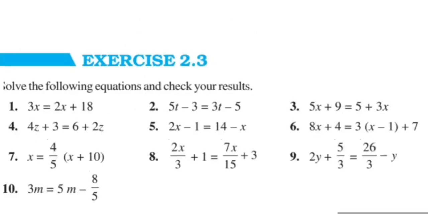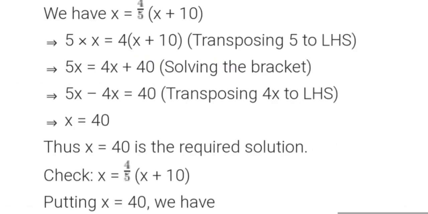Let's see question number 7. x is equal to 4 upon 5 in bracket x plus 10. See the solution. Here, on the right hand side, the denominator of 4 upon 5 is 5. So this 5 we will transpose to the left hand side. So it will come 5 into x is equal to 4 in bracket x plus 10.